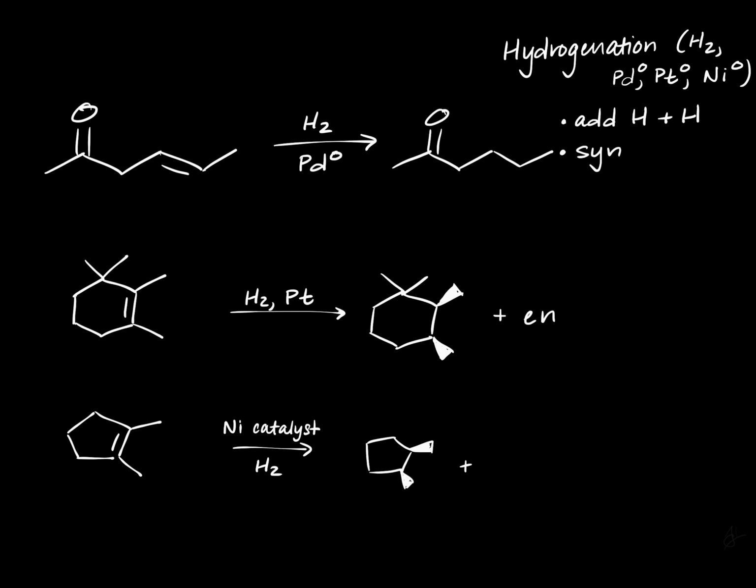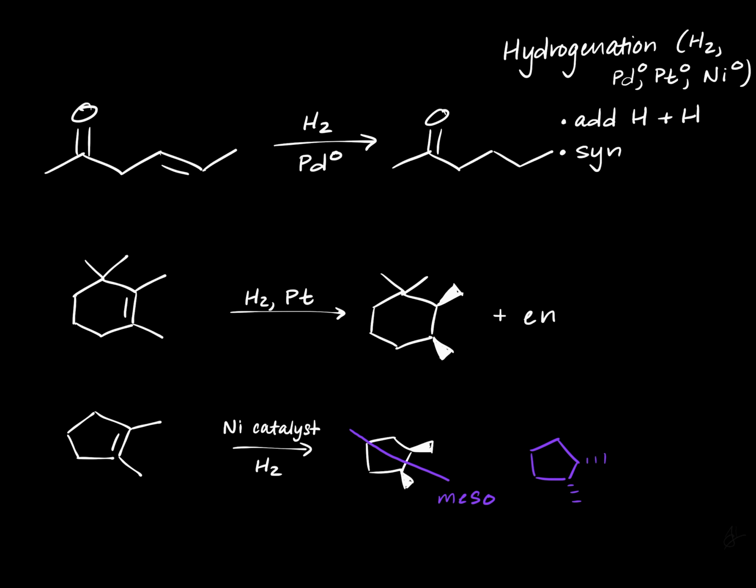And do I get the enantiomer here? Let's look. Well, this center is indeed chiral. It has 4 different groups. This center is also chiral. It has 4 different groups. But there's one other thing we can notice about this molecule that we haven't seen before, and it's that there is a line of symmetry, which means that this is a meso compound. And the "enantiomer" of this compound, it doesn't actually have one.